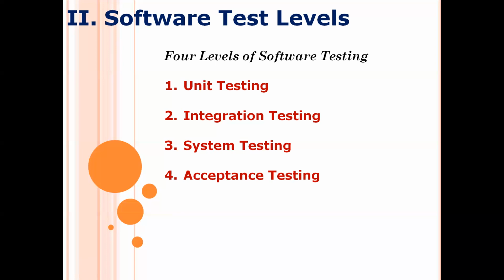The acceptance test has two stages. The first one is alpha testing. This test takes place at the developer site. A cross section of potential users and members of the developer's organization are invited to use the system.